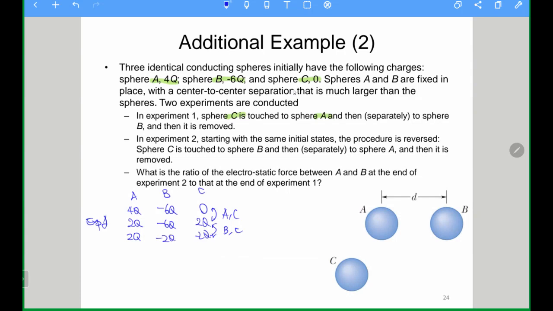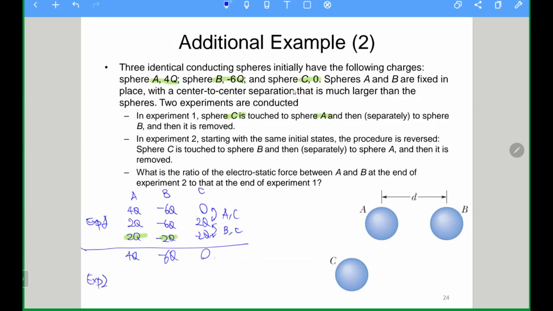So here is the charge on particles A and B, and we need to care about these two values. For experiment 2, at the initial state, 4Q, negative 6Q, 0, the same as experiment 1.